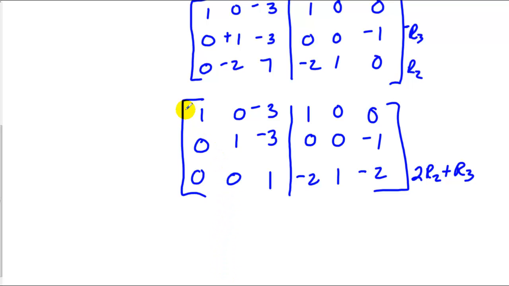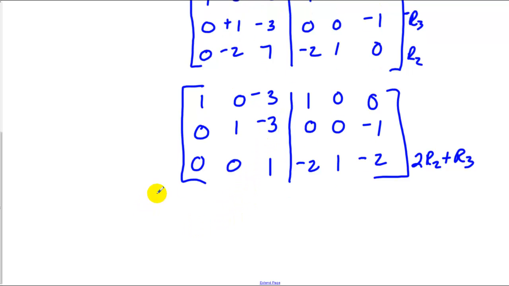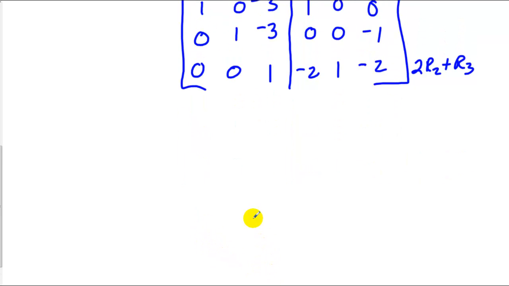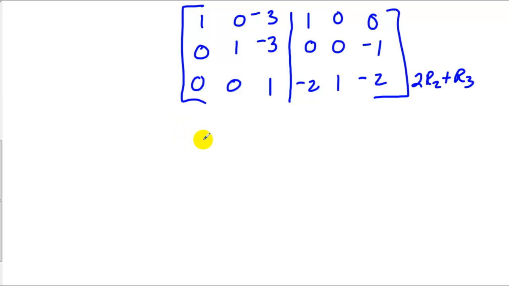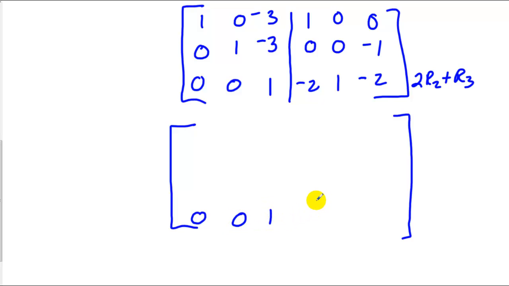So now you'll notice I have my diagonals of 1, which is great, but I have to make these values both 0. So I can do that probably in our next step. Let's try to go ahead and do that. So in this case, my bottom row is going to remain the same. So that's 0, 0, 1, -2, 1, and -2.